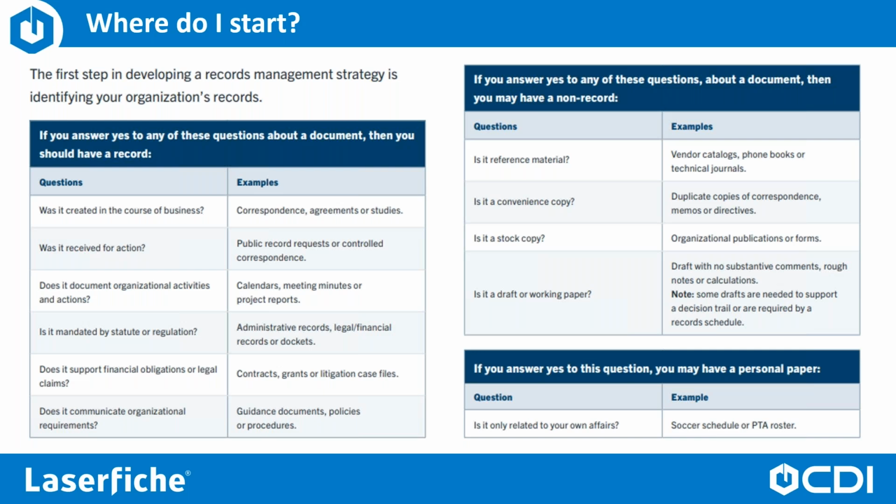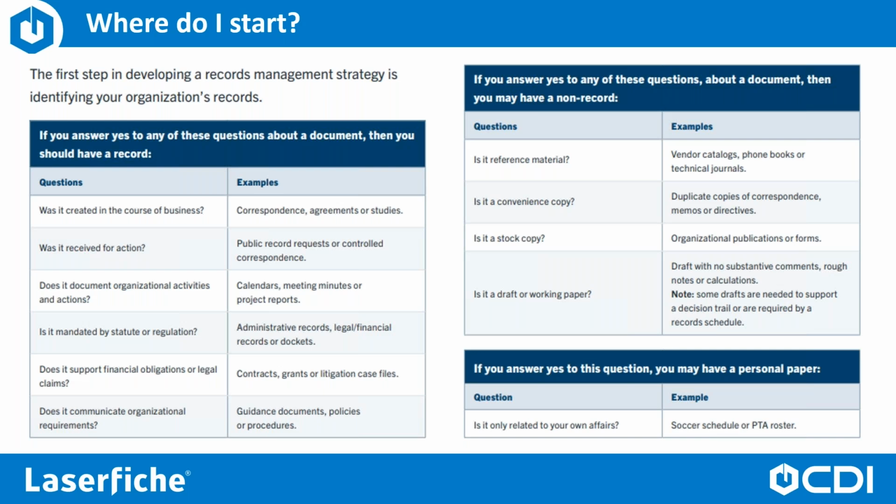I think the guide gives a good series of questions to answer yes or no to really identify if this is a document that needs to be retained or if this is something that's related to personal affairs or not. Again, if you are experienced with records management, you may already know the answer to all of these questions, but if you're just getting started, again, this is a really good resource.